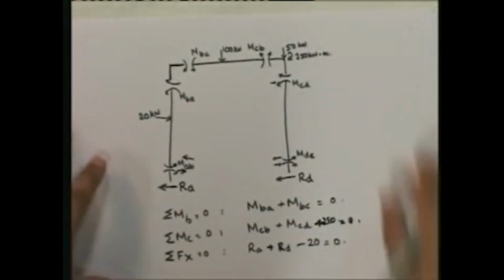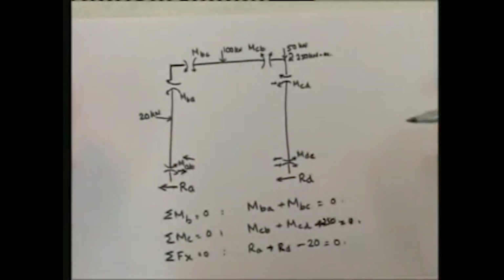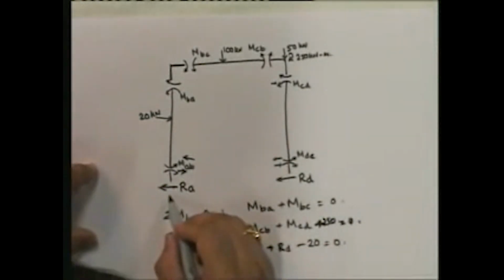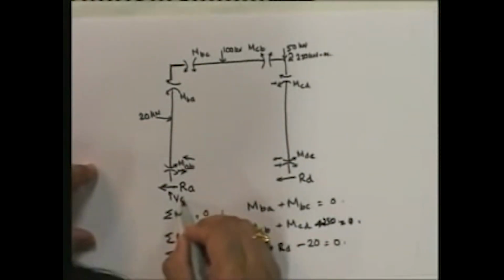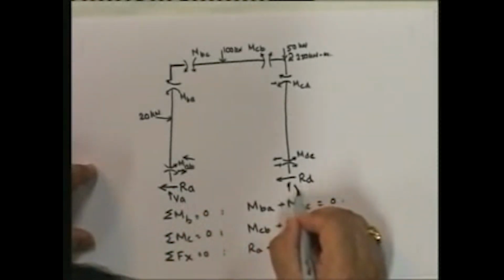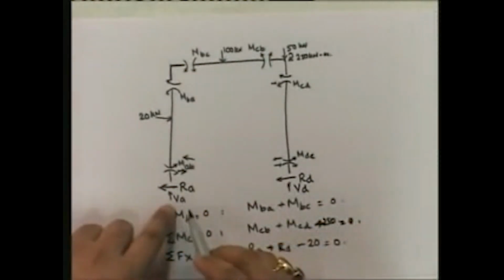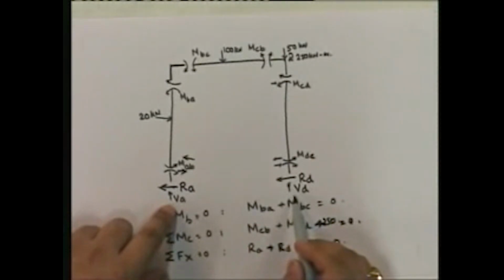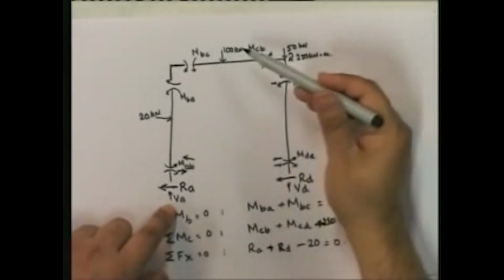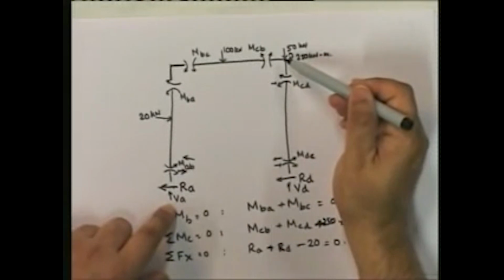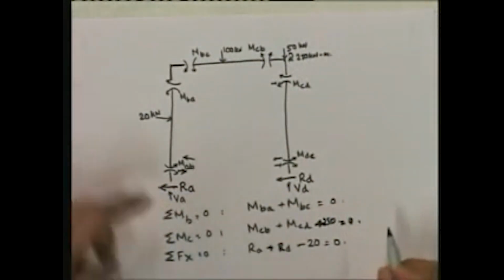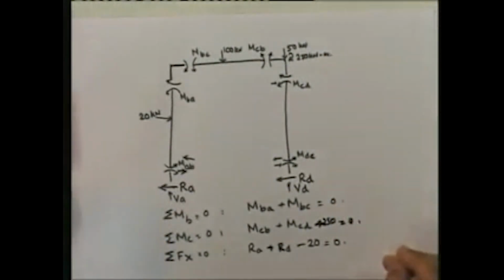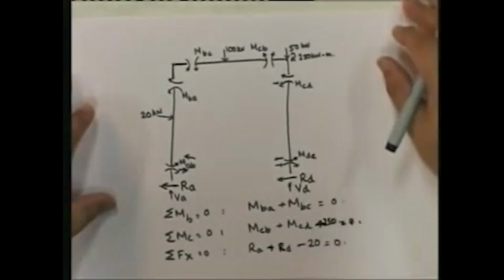So this is my third equation. Look at the other reactions. This is Va, Vd. The other equation, Va plus Vd equal to 100 plus 150, is not going to give me an additional equation. We will see why that doesn't give me one.